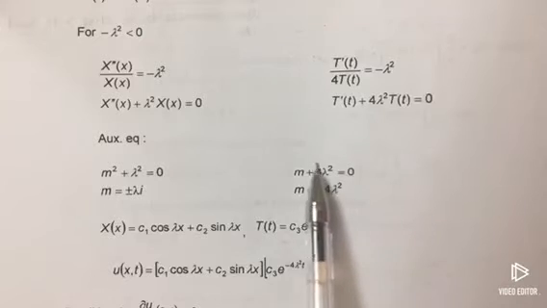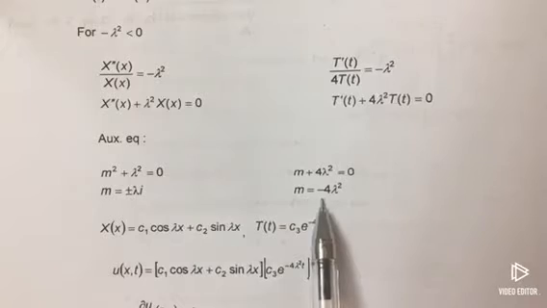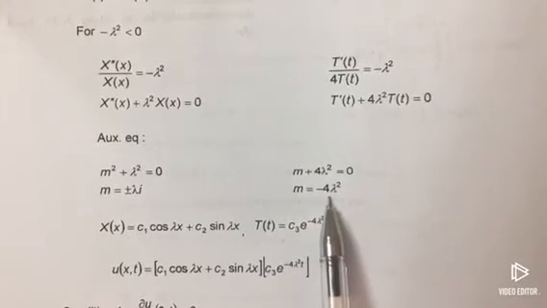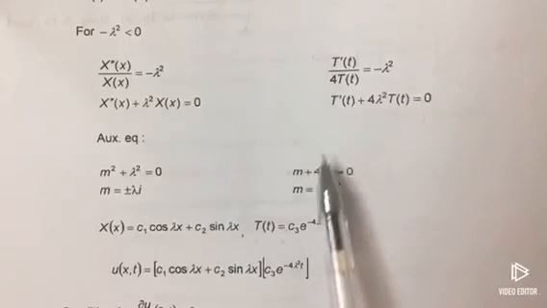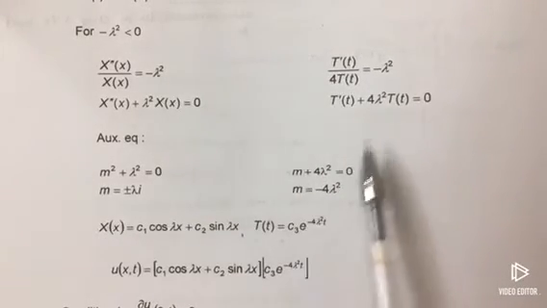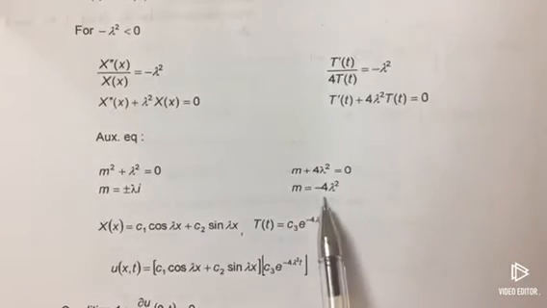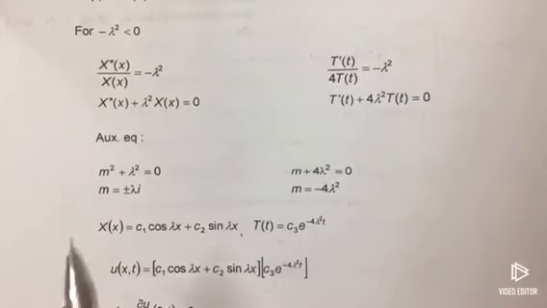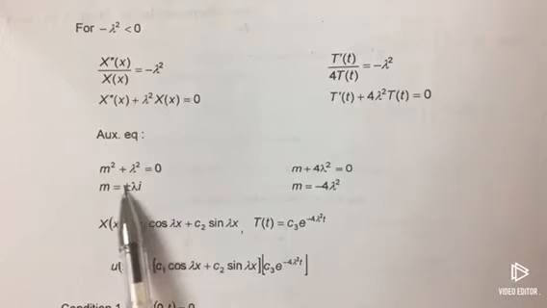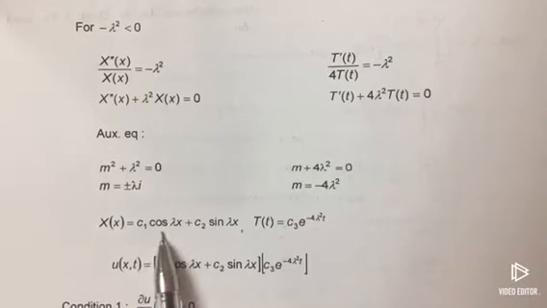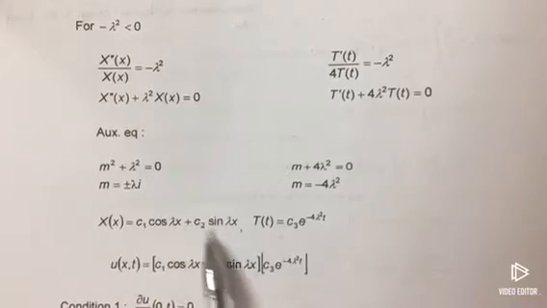Okay, same for this one. m equal to negative 4 lambda square. T prime changes to m, plus 4 lambda squared here. So we get m equal to negative 4 lambda squared. So for equation X, because this is a complex number, we get X equal to c1 cos lambda x plus c2 sin lambda x.